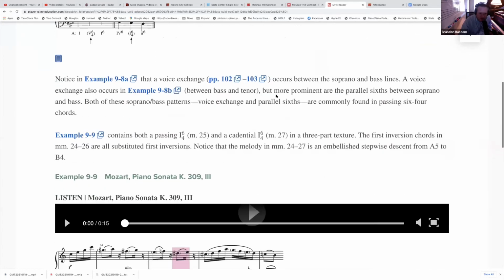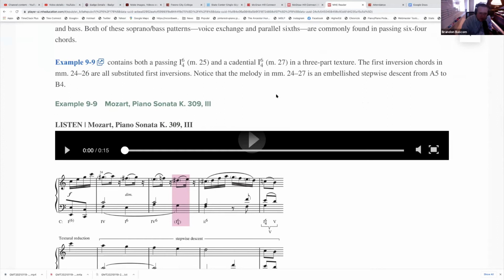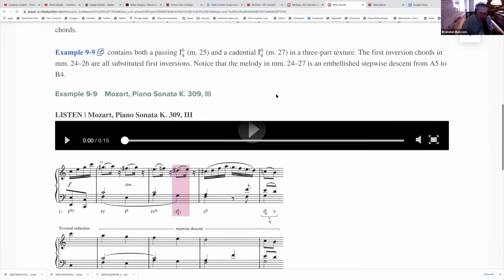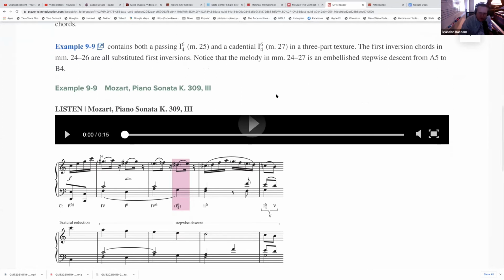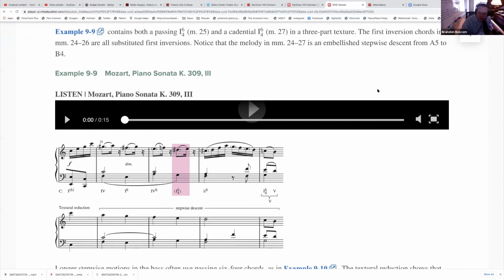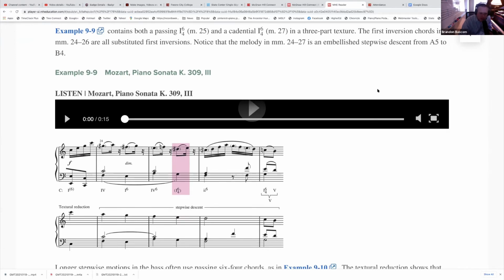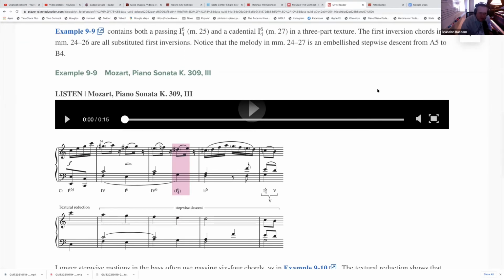Example 9-9 contains both a passing 6/4 and a potential 6/4 in a 3-part texture. The first inversion chords in measures 24 through 26 are all substituted first inversions. Notice that the melody in measures 24 through 27 is an embellished stepwise descent from A5 to B4.